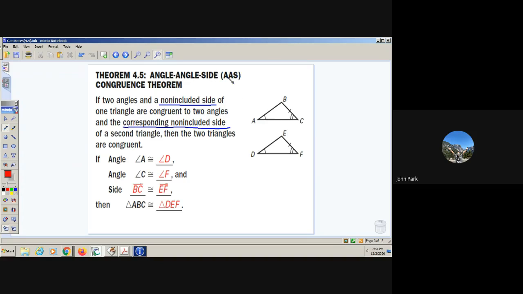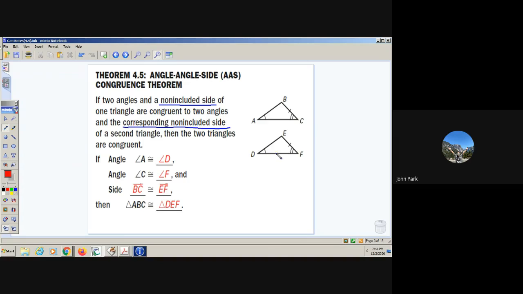So the side is not in the middle, but on the other side. It could have been AB as well, congruent to DE, but either one of these would work. So that would be the angle angle side.